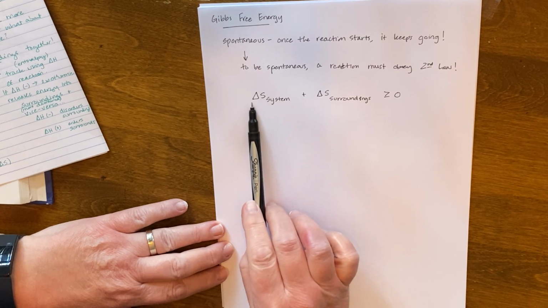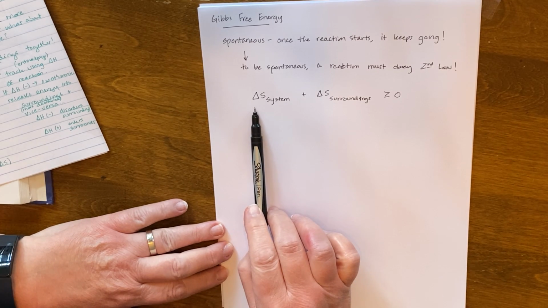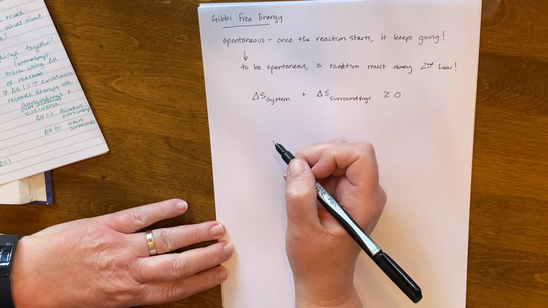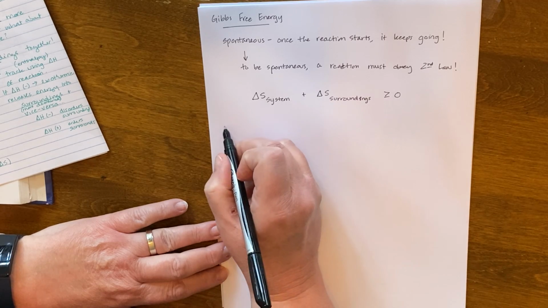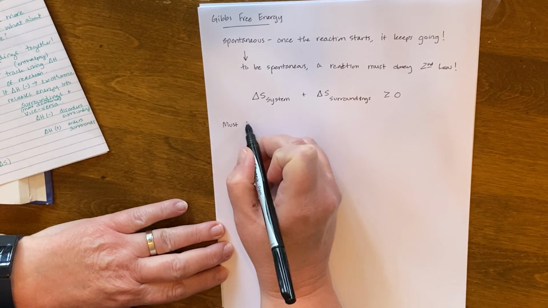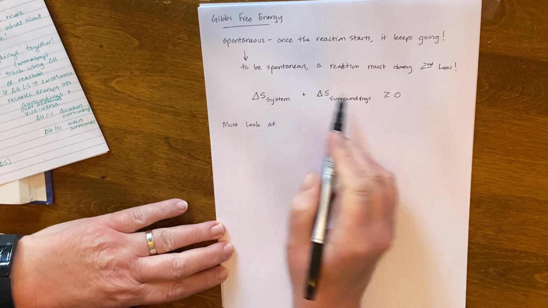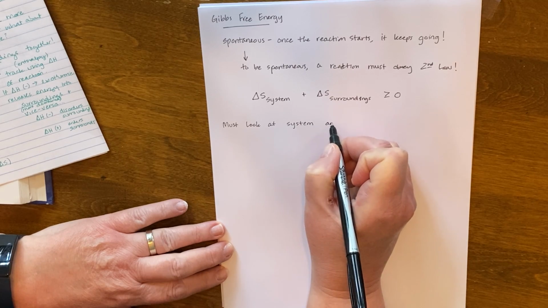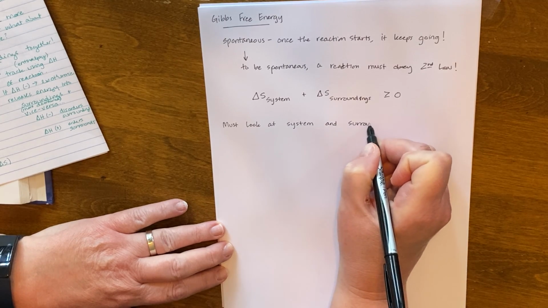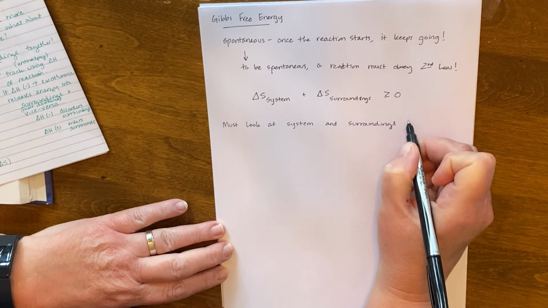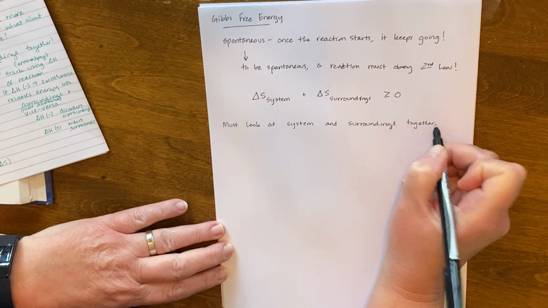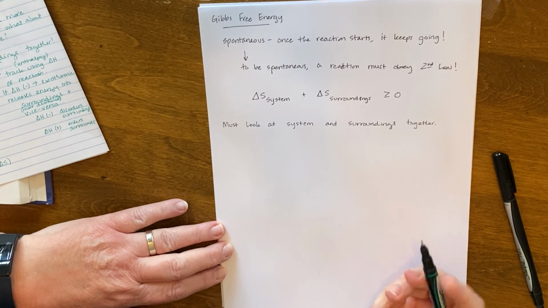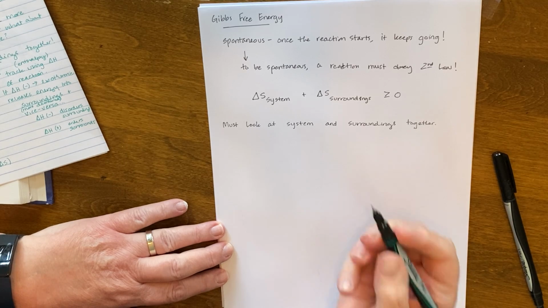Because of this equation, we must look at the system and the surroundings together. Okay? And we've already learned two things that will help us measure what's going on in the system and the surroundings.